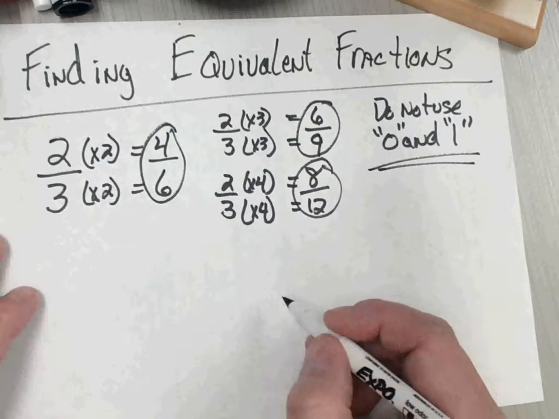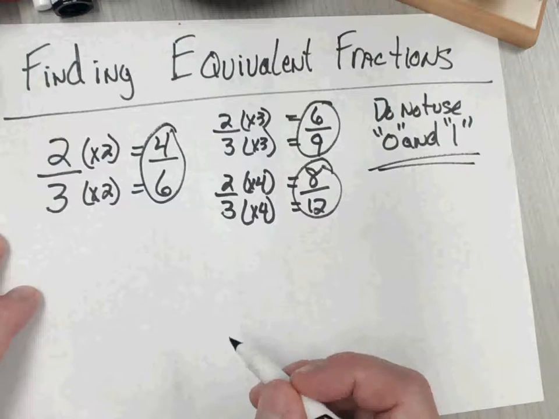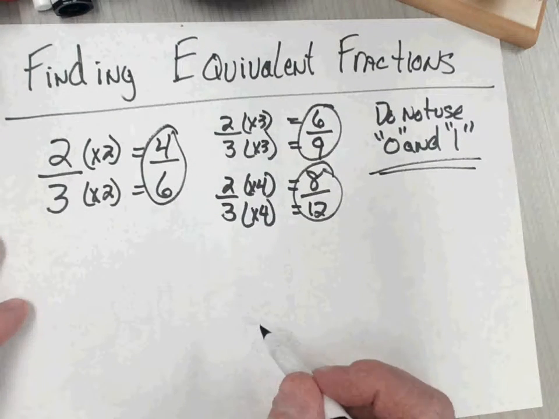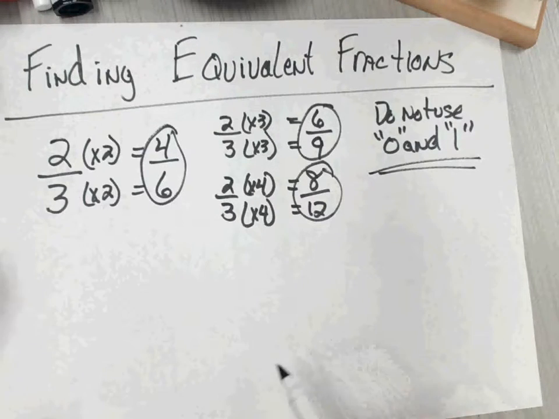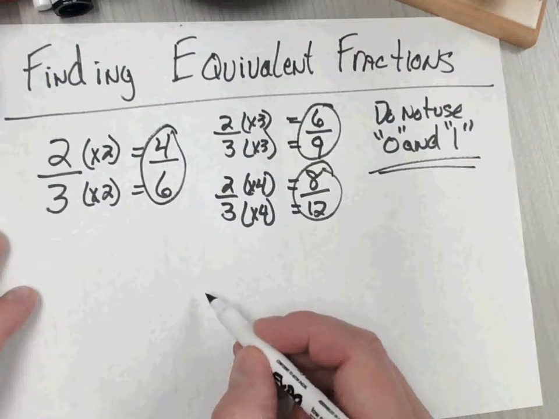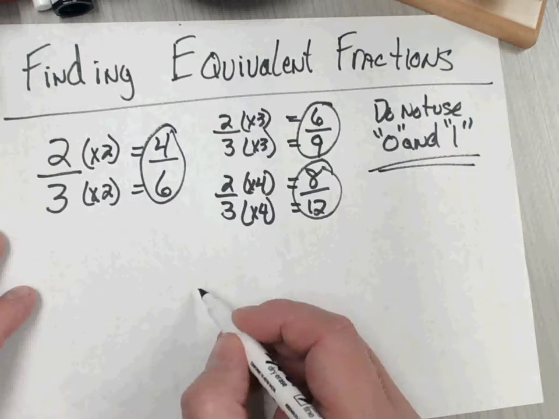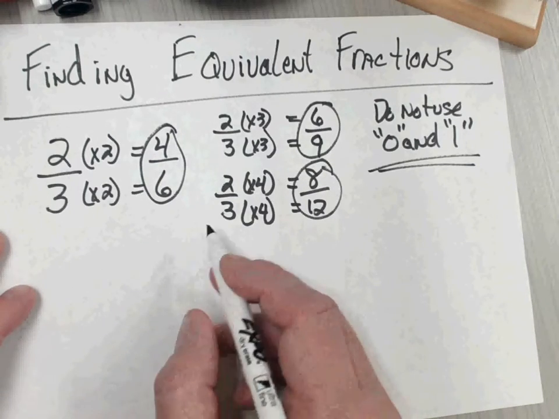Now, if you have a bigger fraction and you want to find smaller fractions and bigger fractions, again, you can either multiply by a number or divide by a number.